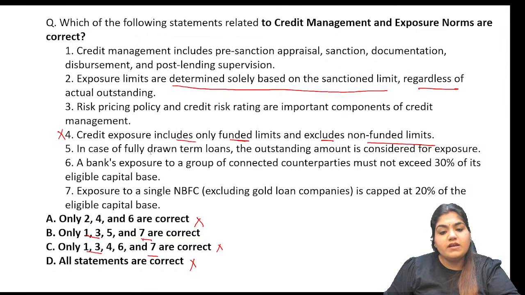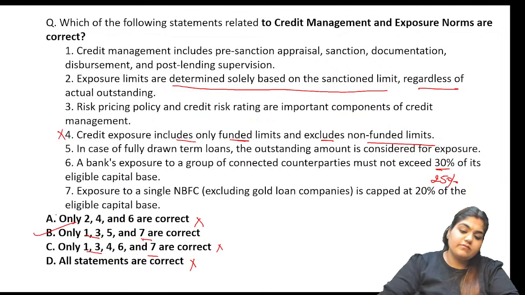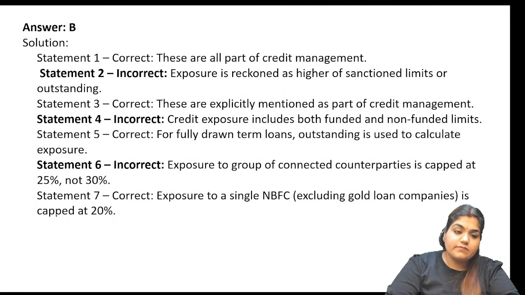Statement number 5 is correct. For fully drawn term loans, outstanding is used to calculate the exposures. Next, it is not 30%, it is 25%. 25%, not 30%. That will give us B as the correct answer. B is the correct answer.